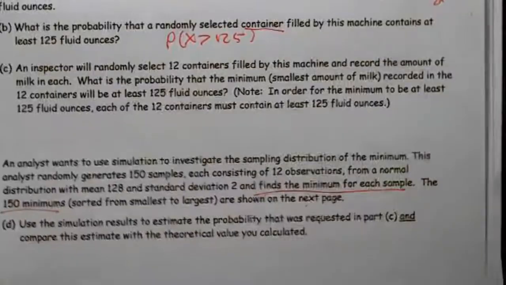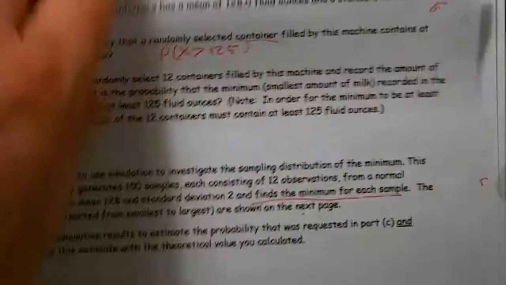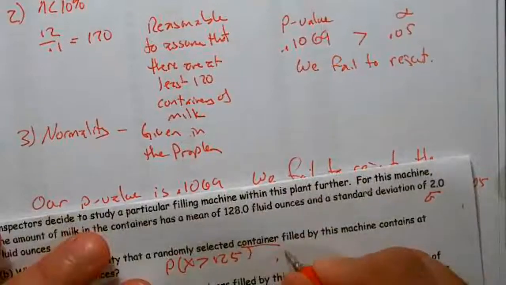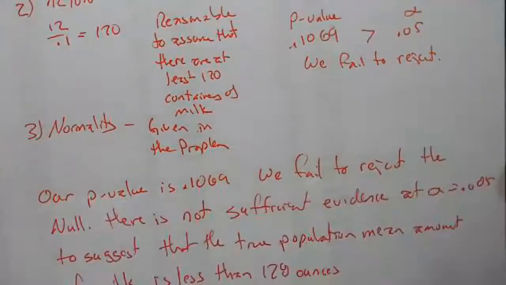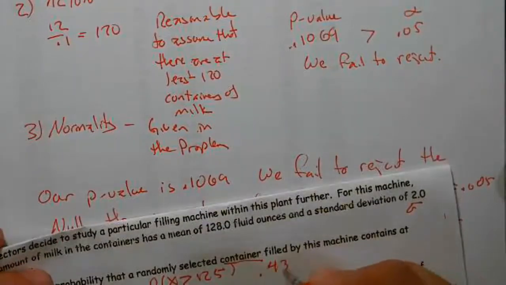The next thing says, use a simulation to estimate the probability that was requested in part C and compare this to the theoretical value. All right. So the theoretical value that we calculated in part C was, I set it aside, 0.4369.